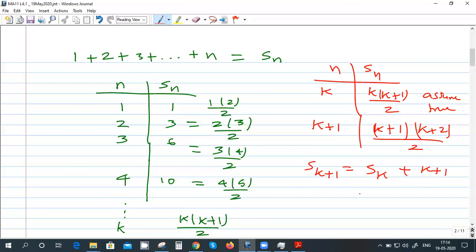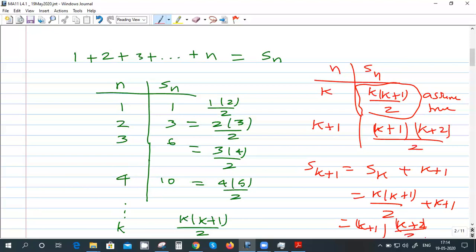And this thing I'm assuming it's true, so I'll use this result, plus k plus 1. So I can take k plus 1 common outside, and then it will become k plus 2 by 2. So if I assume this thing, I can prove it's true for k plus 1.